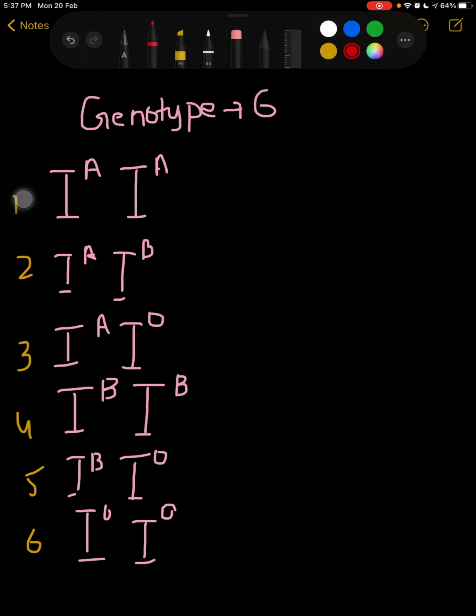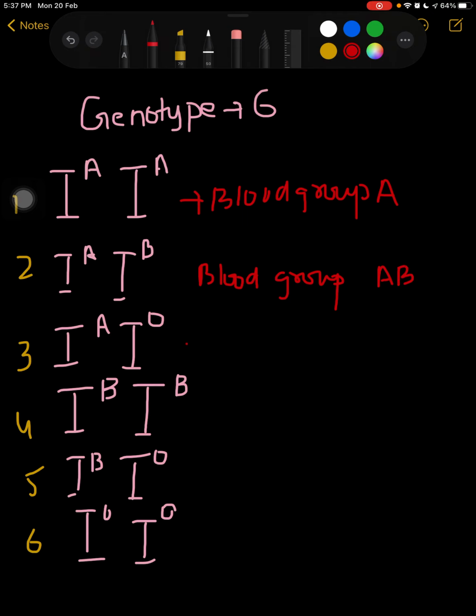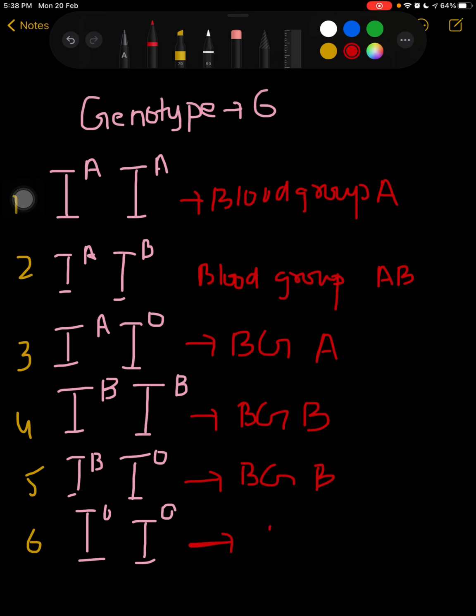Now it will form like this. Let's say BG for blood group. IAIA will be blood group A. IAIB will be blood group AB. IAIO will be blood group A. IBIB will be blood group B, IBIO will be blood group B, and IOIO will be blood group O, right? So we have 6 genotypes, but let's talk about phenotype.